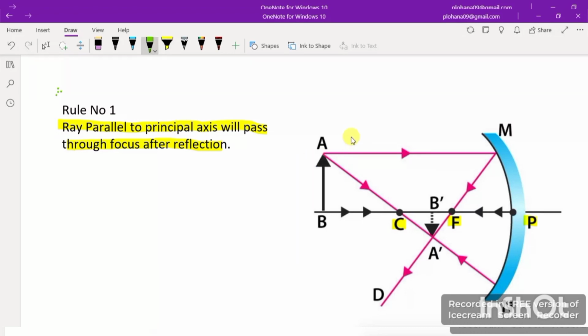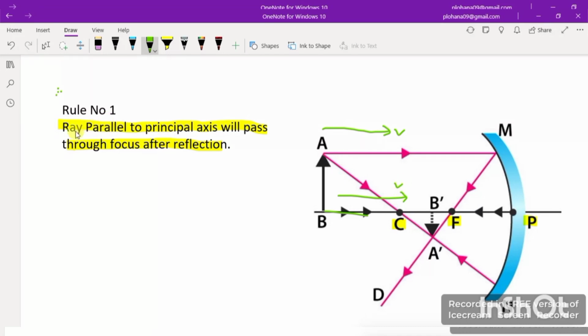So this rule is saying that the ray which is going parallel to the principal axis, like you can see, this is the principal axis and the ray is going in this direction as well, so they are both parallel to each other.